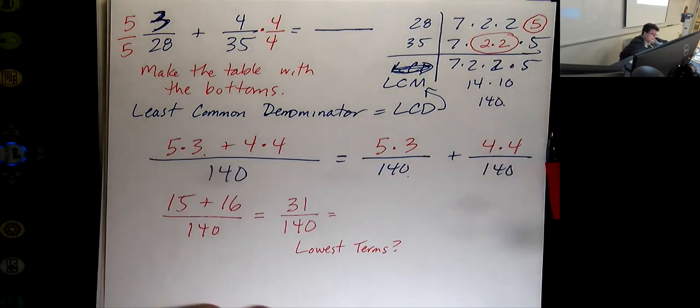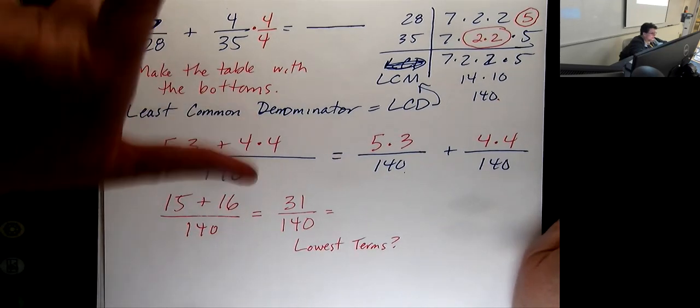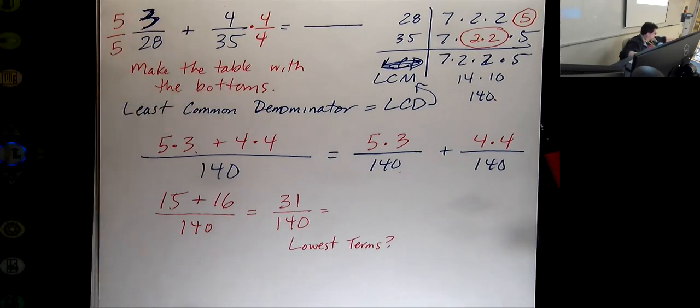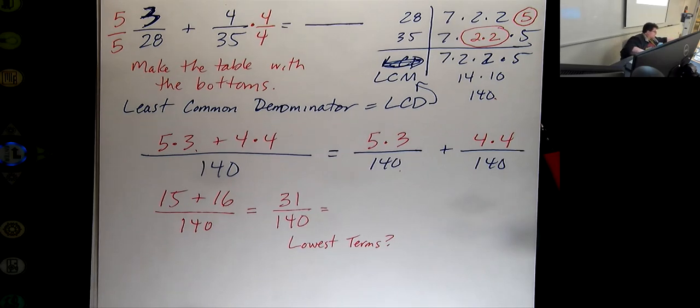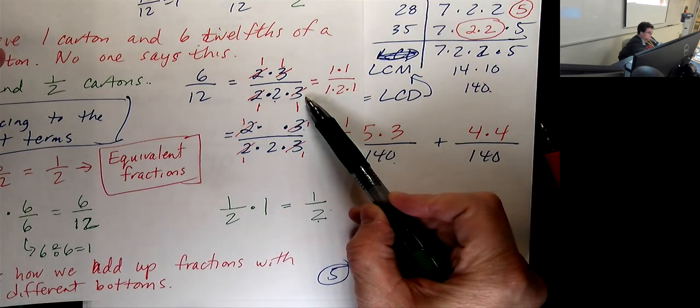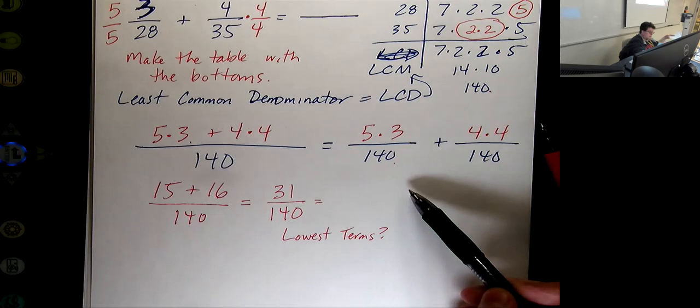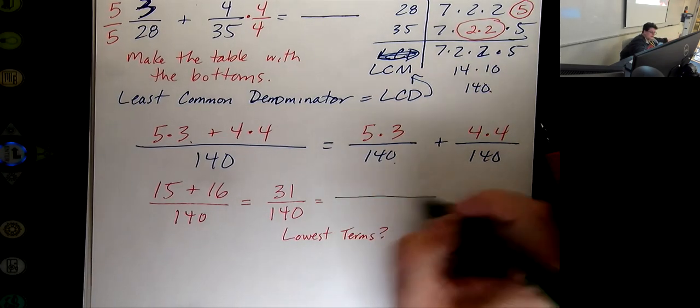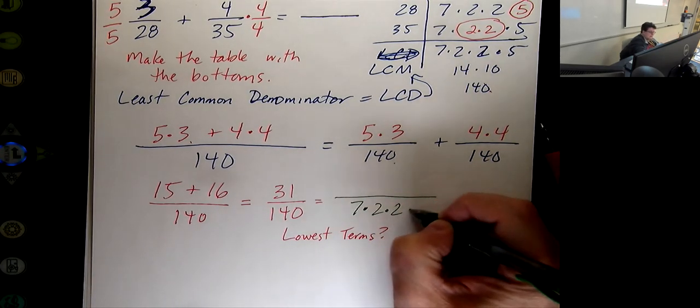You can't get 31, it's a prime number. The way you can check though, is you do this whole factored form thing we did on the last one, like the 6/12ths. But we already know the bottom. Just write those numbers again. The bottom is the numbers we already had.